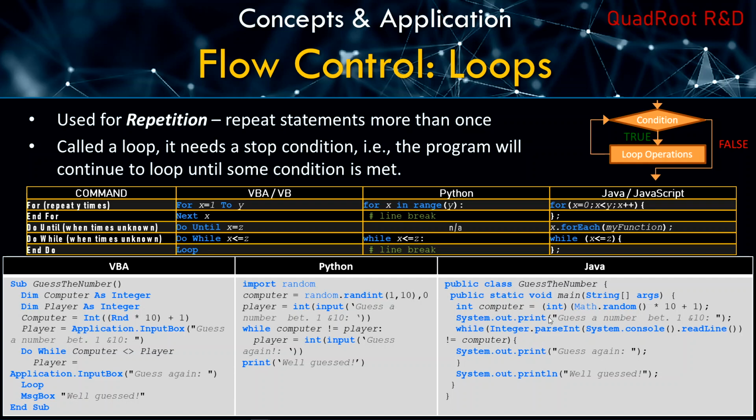And we ask for the first guess. System.out.print guess the number between 1 and 10. And then we take in the user input in the while loop. So while integer.parseInt of, so parseInt is another function to convert a number into an integer, or to force a string into an integer.